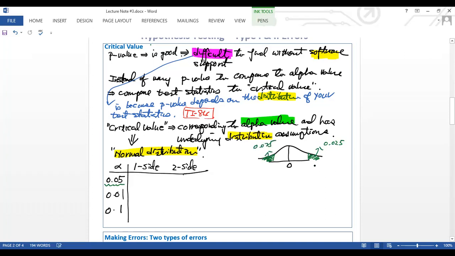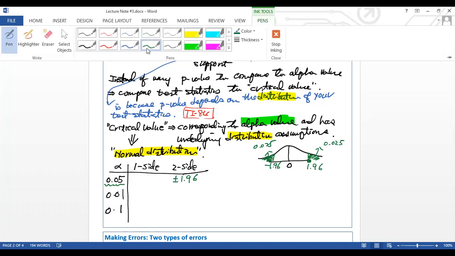The critical value is 1.96, and this is negative 1.96. So for the two-sided test we say plus or minus 1.96.